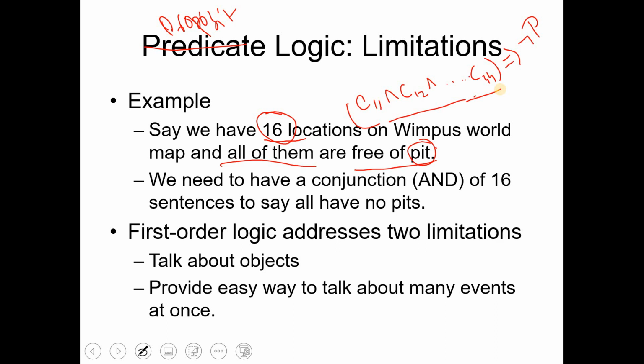For this purpose, we will go to the next chapter. In the next chapter, we will cover the next language, which is first order logic, also called predicate logic. In that language, we can describe objects, for example, the age of a person. Here we don't have any such thing.